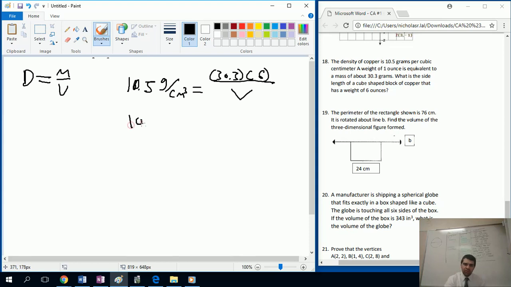So 10.5 times the volume is equal to 30.3 times 6, which is going to be 181.8. So we did 30.3 times 6 to get 181.8, and I multiplied each side by V, so I get 10.5 V equals 181.80. Okay? Now, to get our volume, I divide each side by 10.5.